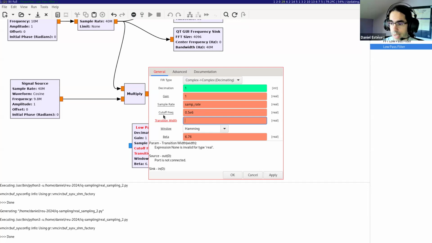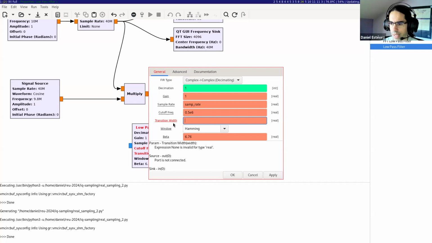Unfortunately, this kind of ideal low-pass filter doesn't exist. It cannot be implemented with digital signal processing, and it cannot be implemented with electronic components because it's just an ideal mathematical filter. Any kind of filter that can be implemented in the real world, either with digital signal processing or with analog electronics, will need to have a smooth transition between the gain at 1 and the gain at nearly 0.